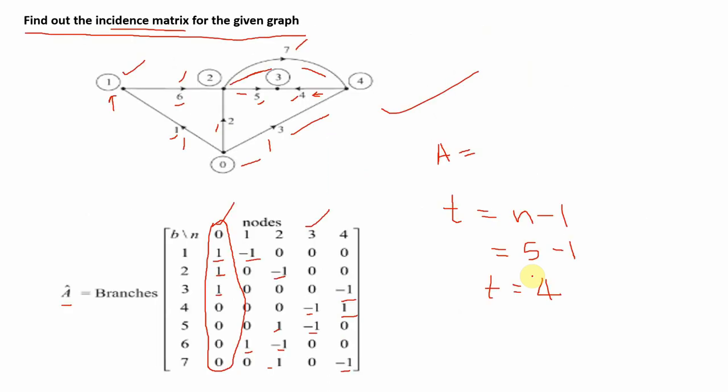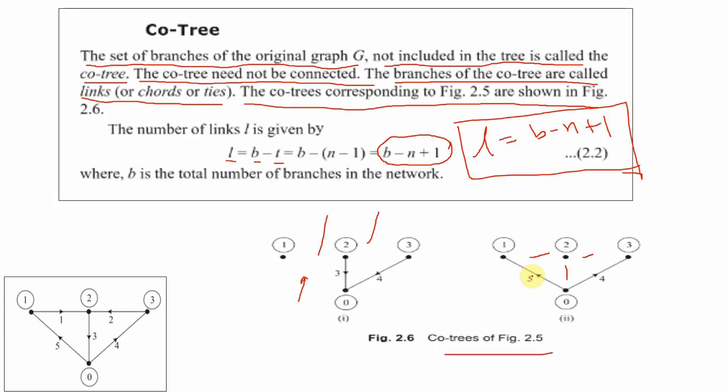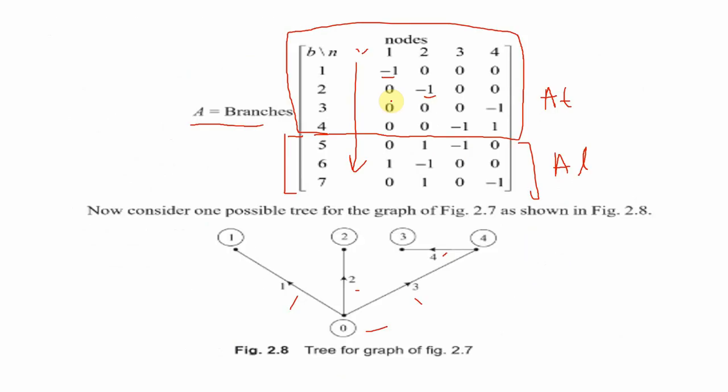In the previous slide I also explained to you that these links, chords or ties, that is called the co-tree of the tree, meaning the branches which are absent in a tree, that is called the co-tree. In other words, they are called links, chords and ties. So now in this figure this branch is absent, this branch is absent, right? So 5, 6, 7, these are the links.